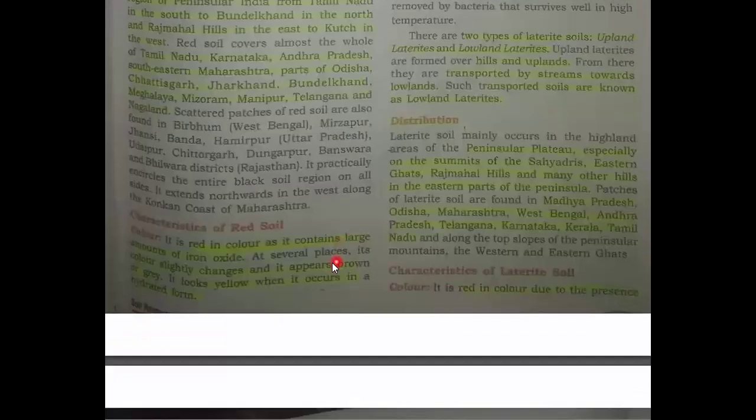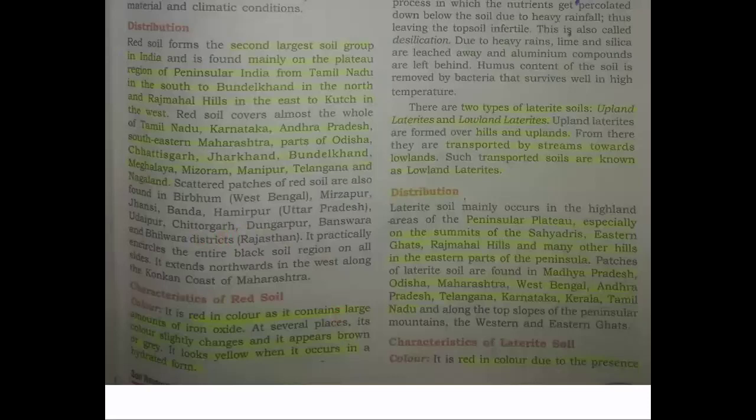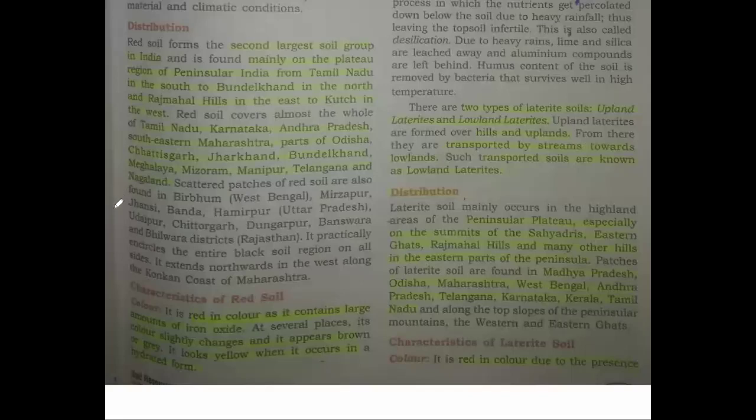And we have more: West Bengal, Uttar Pradesh, and the Udaipur, Chittorgarh, Dungarpur, Banswara, and Bhilwara districts of Rajasthan. Actually, it's not the distribution everywhere; it is scattered patches, meaning only some areas have it.